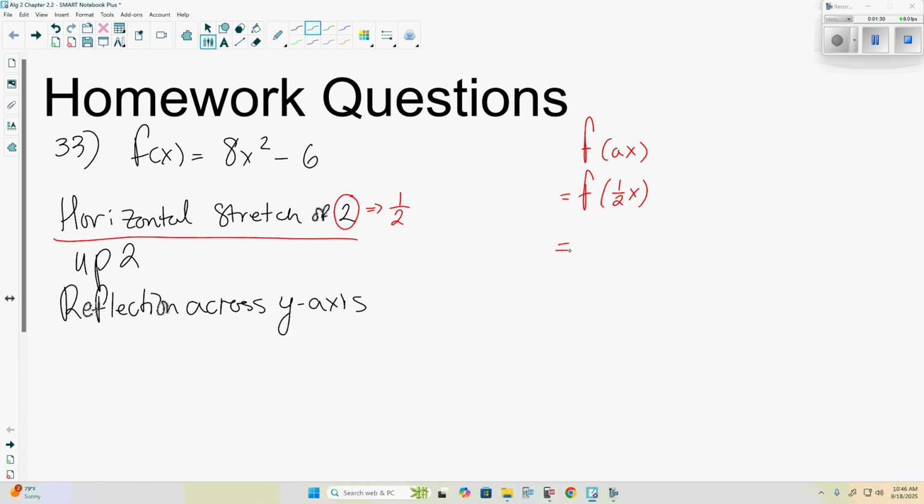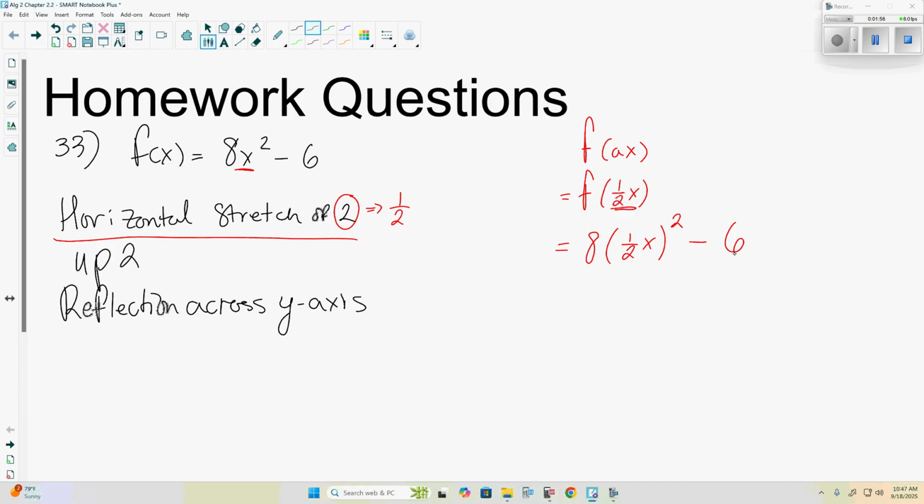Now since we don't have f of x anymore, we have to replace every x in f of x with 1/2 x. So we'd still have the 8, but the x is going to become 1/2 x. We still have the square, we still have everything else.